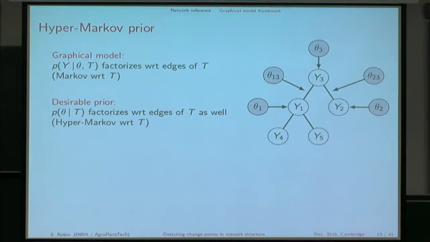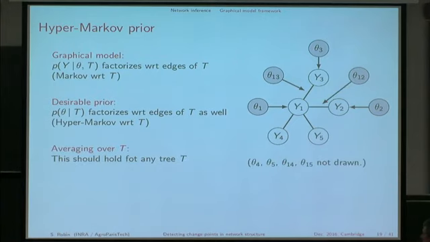And the thing is that if I want to be able to use the kind of algebraic tool I'm going to use, I need this prior distribution to factorize along the tree in the same way as the distribution of the data factorizes along the tree. So this is not completely trivial, because I want my prior distribution to factorize along the tree, and because I want to average over all trees, I want this to be true for any tree.